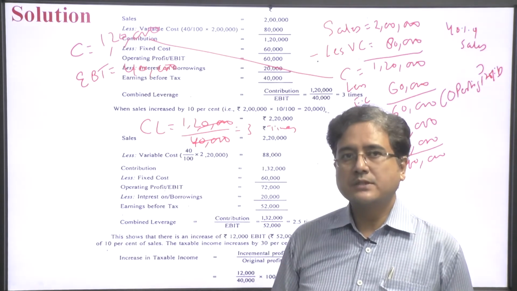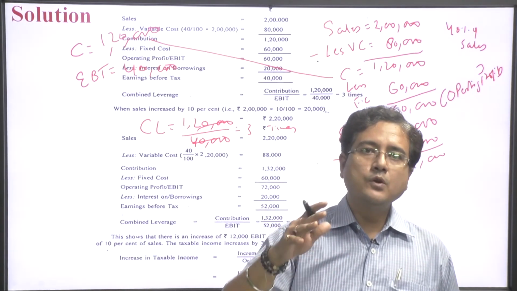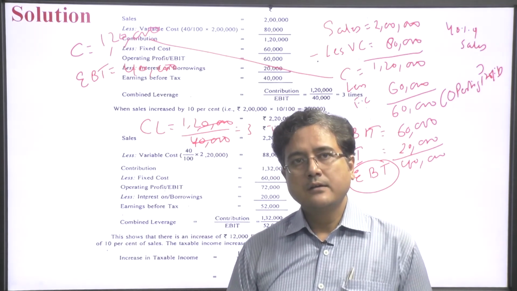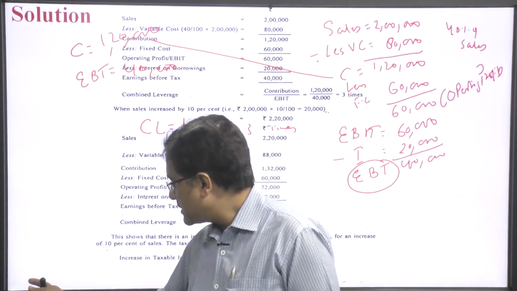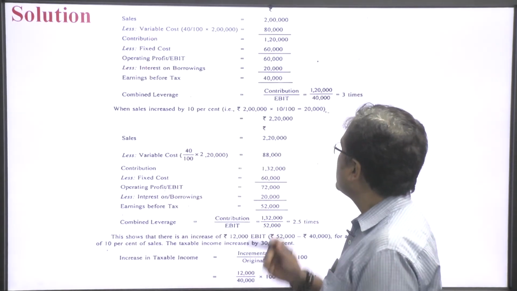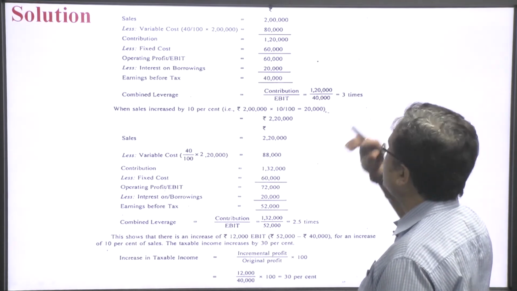Additionally, in this question it is given: what will be the impact if the sale volume increases by 10%? So, how can we calculate the impact? Value of the sale increased by 10%.